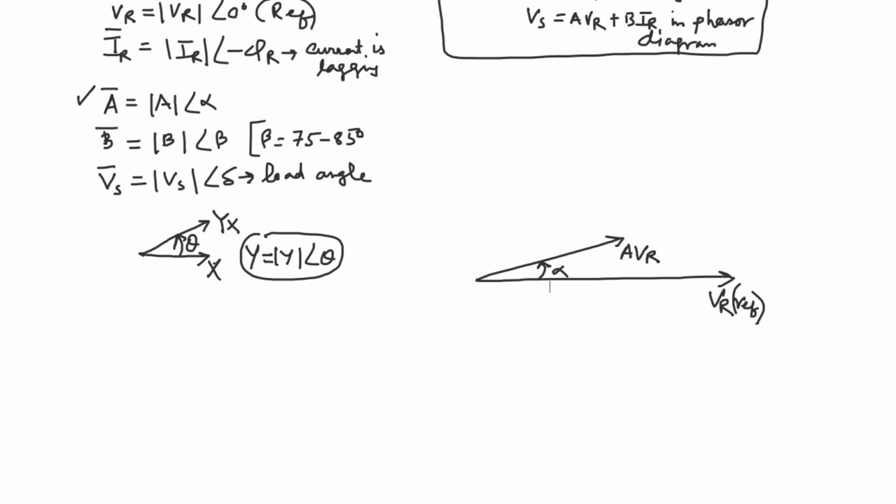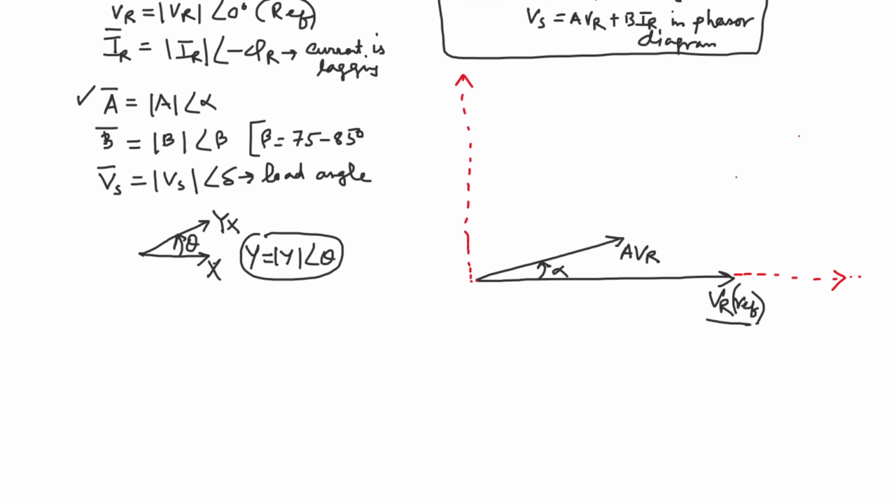Even before that, for the clarity of the drawing, let me represent the axis. An imaginary axis we may consider here. If this is VR, the reference, then AVR should be ahead of VR by an angle of alpha that is contributed by this phasor A.